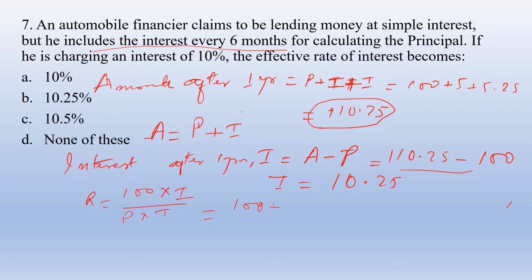The interest we already calculated is 10.25, the principal we calculated to be 100, and the time is 1 year. So this one and this one will get cancelled. So the rate of interest came to be 10.25%. After 1 year, the effective rate of interest becomes 10.25. So the correct option here is option B, which is 10.25.